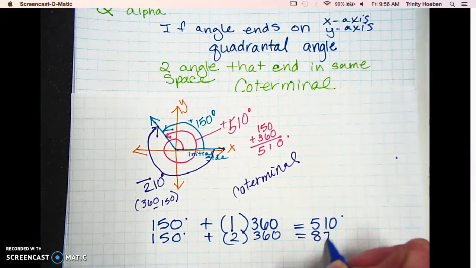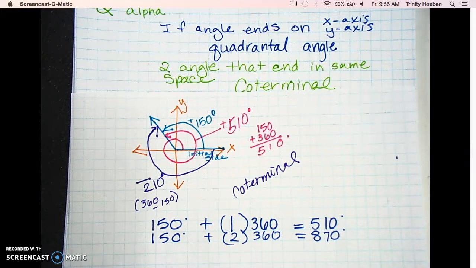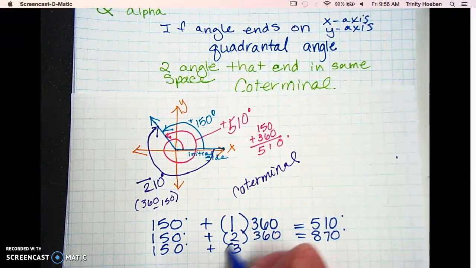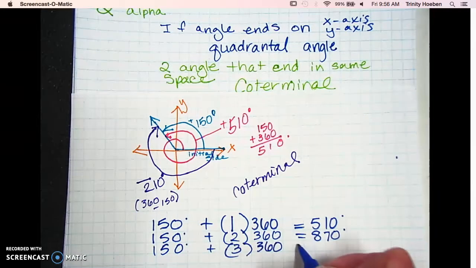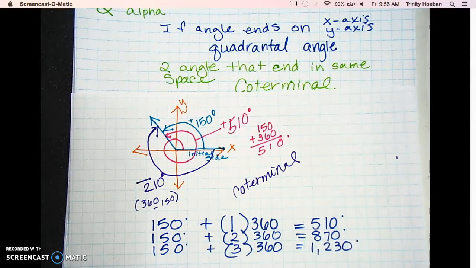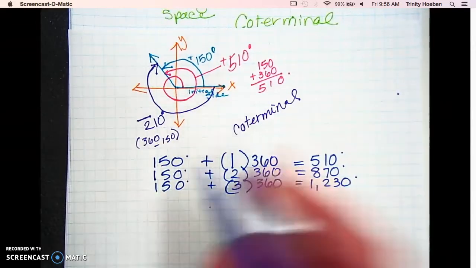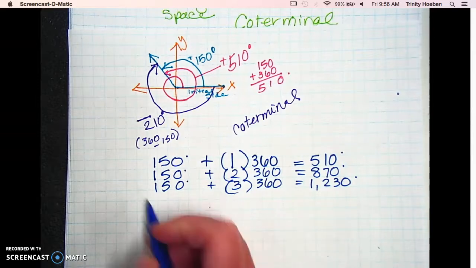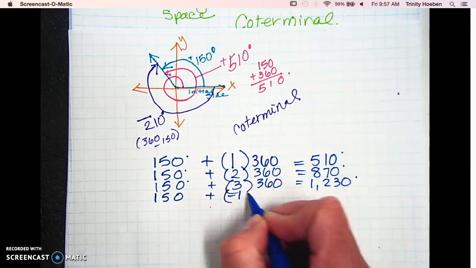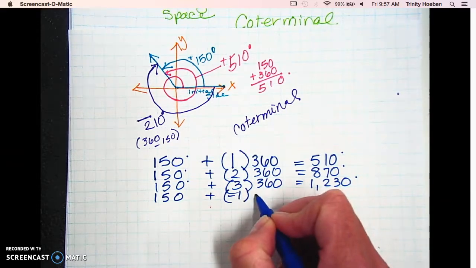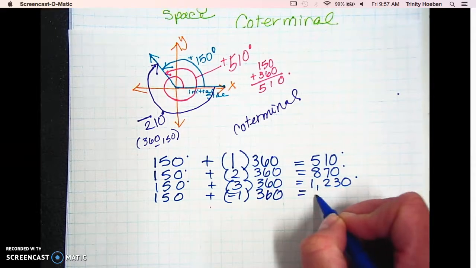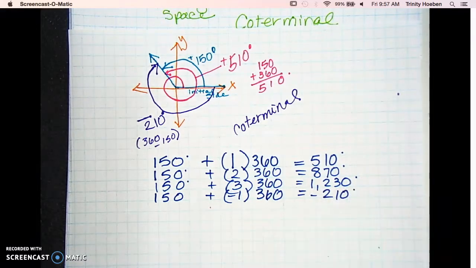You'd get 870. Or you could do 3 rotations of 360 and you'd get 1,230 degrees. Or you could do the negative one we just did. Start at 150 and add negative 360. That's how we got the negative 210 degrees.